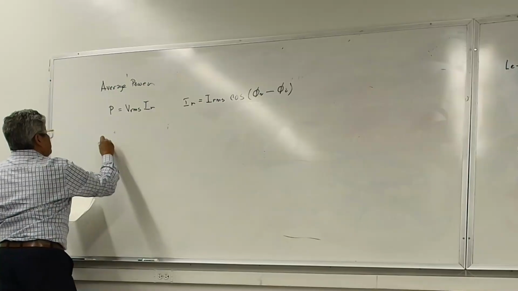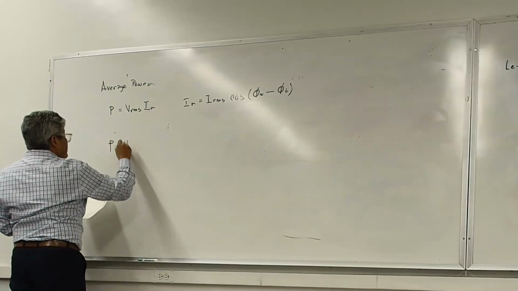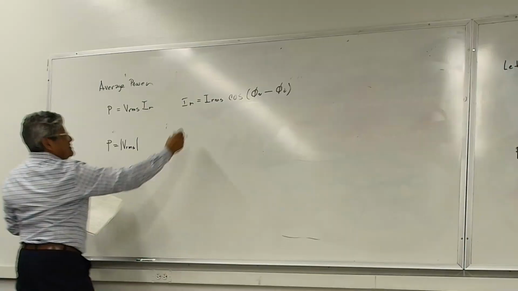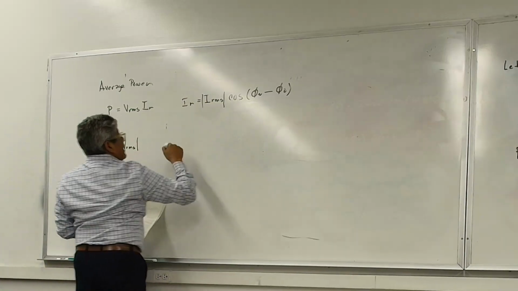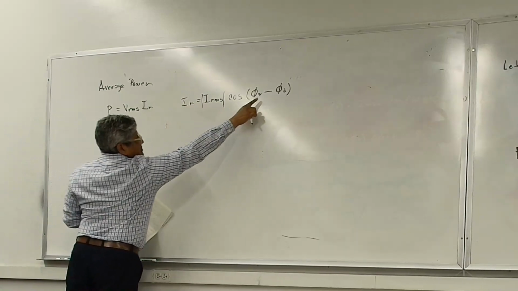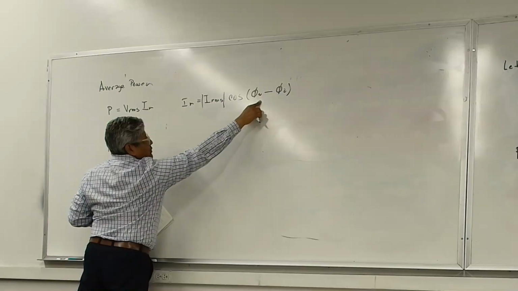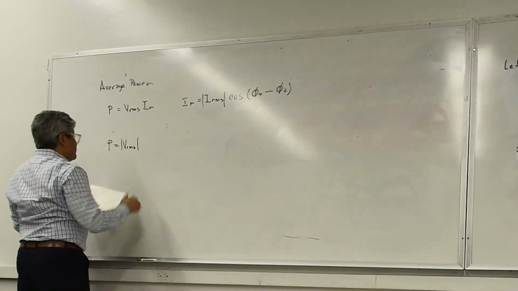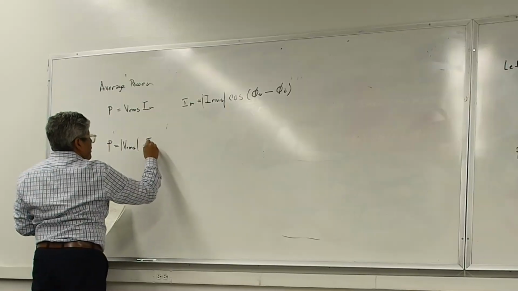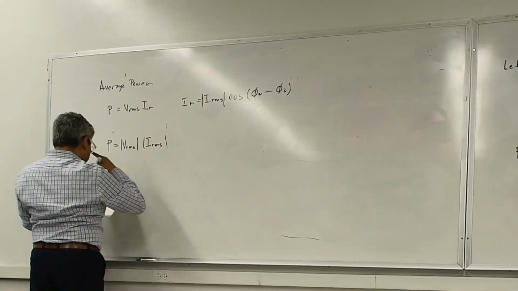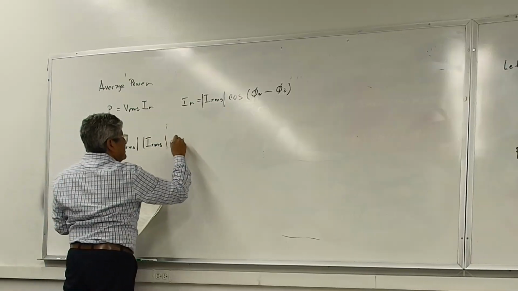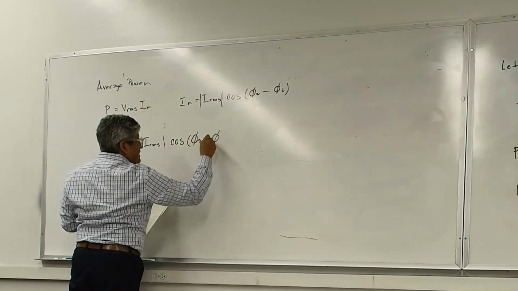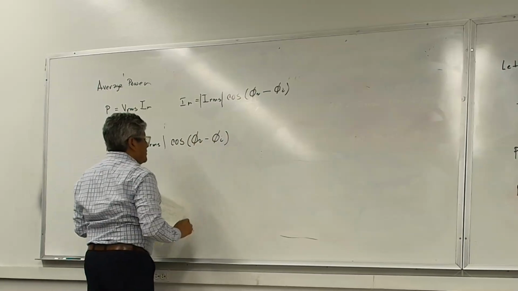So then I can rewrite P equals VRMS magnitude, by the way, not the phasor. This is a magnitude too, because this is an angle. Once you define the angle between the voltage and the current, this is constant. Times IRMS cosine of the voltage angle minus the current angle.